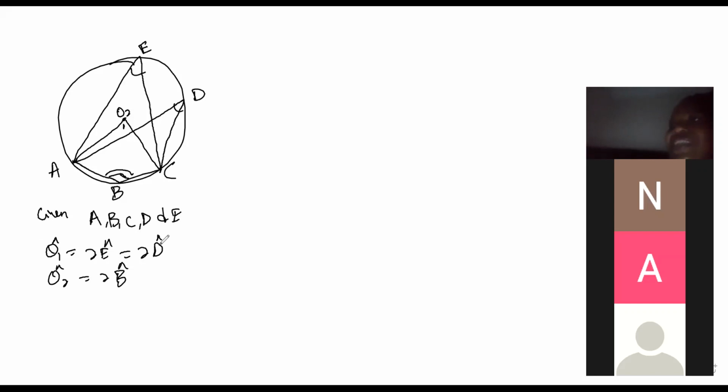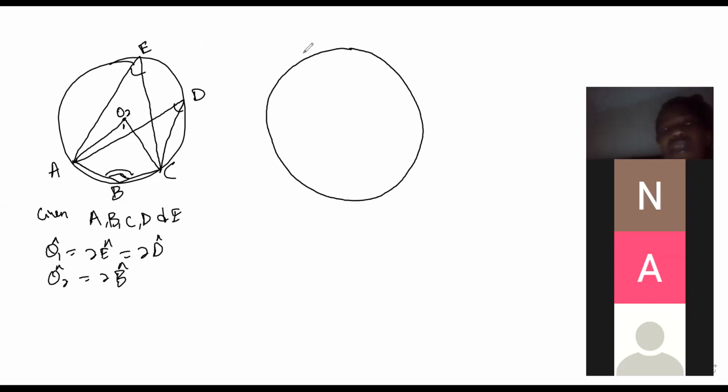The angle subtended by an arc at the center of a circle is double the size of the angle subtended by the same arc on the circumference of the circle. So remember, this is the circumference of the circle, right? The angle at the center, this is the center, subtended by an arc.